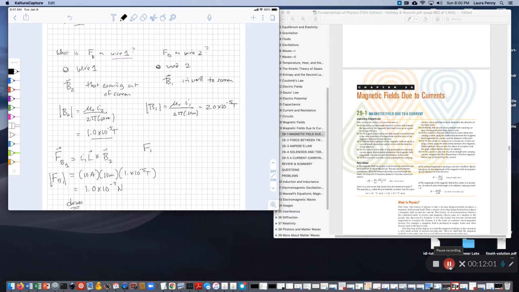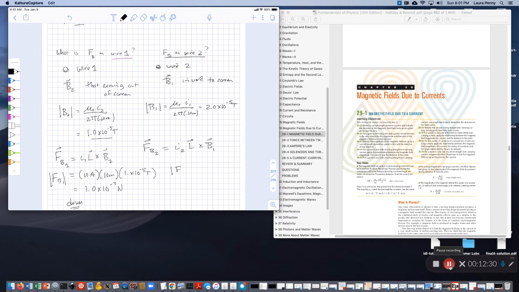The force caused on wire 2, let's do it that way. The force on wire 2, which is what I want to know, should be current 2 times the length crossed with the magnetic field being produced by wire 1.